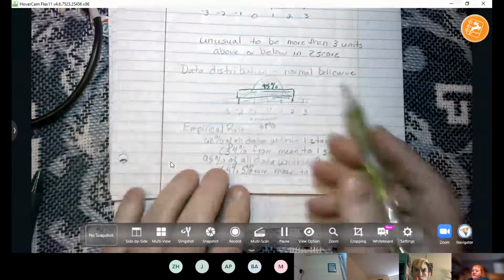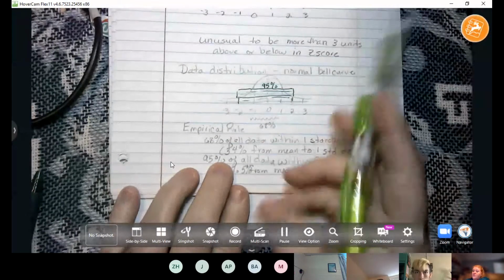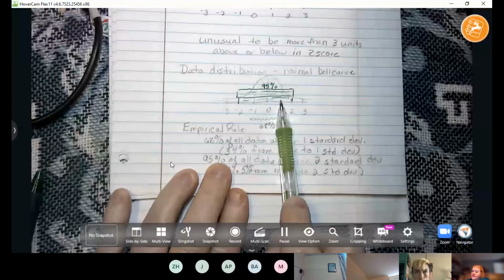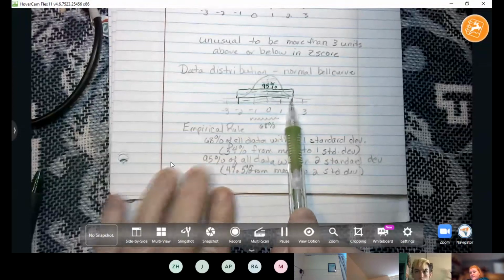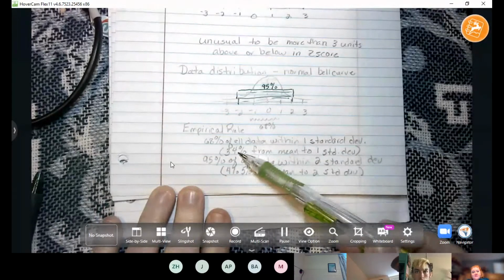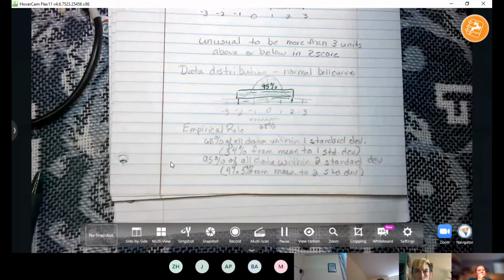But then you also get into questions of, well, if this is 34%, what is it from here to here? So that would be 47.5 minus 34. What percent is that?